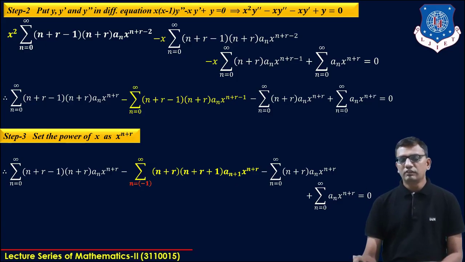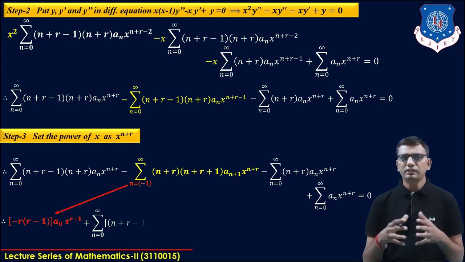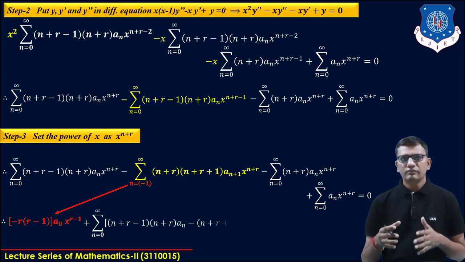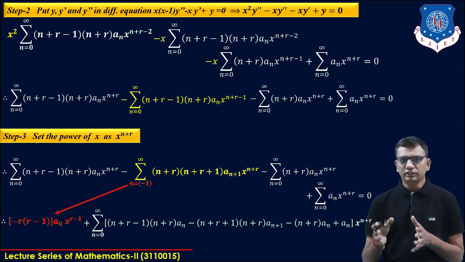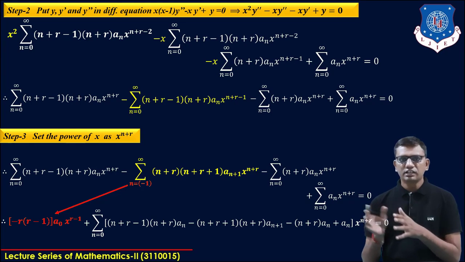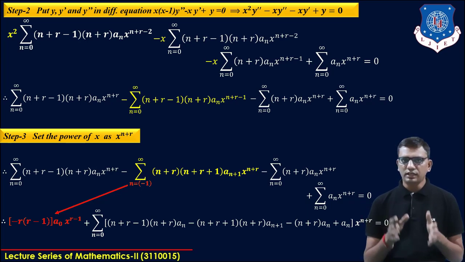So, here our minimum value is n = -1. After putting n = -1, we get -r(r-1) a0 x^(r-1). After that, we can combine all the summations, taking x^(n+r) as common, and from this term we can find our recurrence relation in terms of n and r.